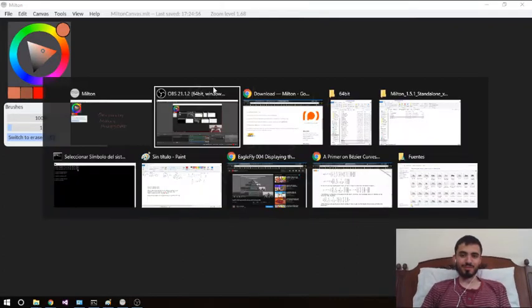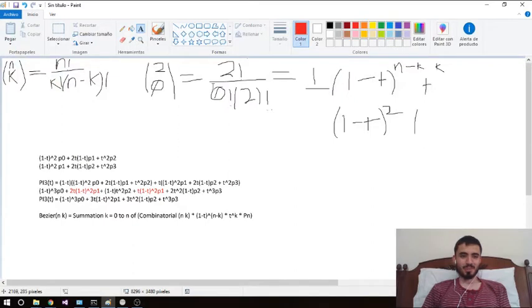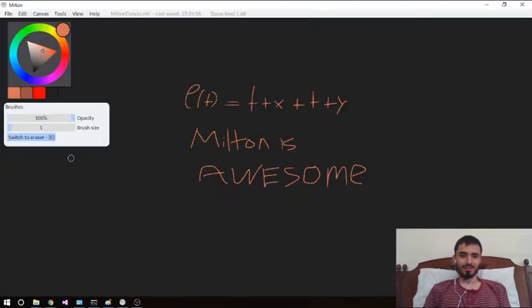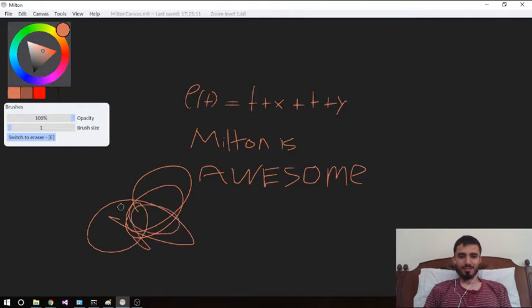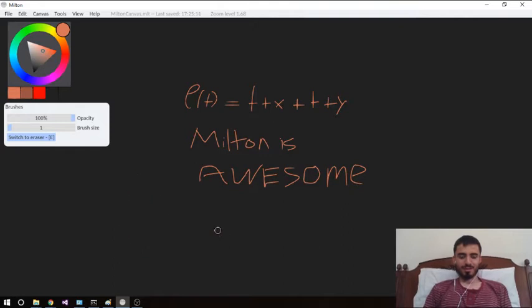If you remember the last time that we were writing some equations, I did it here and it was in pain. It was totally busted. But I think we're gonna start using Milton since it looks more sweet and smooth the way it works. So I think I can do it here. For now, let's jump back to the code.